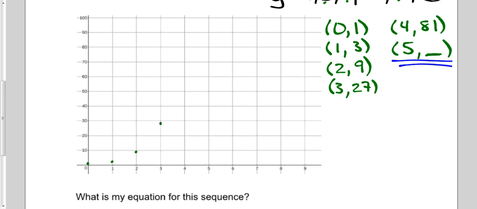And boom. And then when x is 4, I go over to x is 4, and then go up to 81. Now we're making some gas. Right there is where I put my point. So 4 and 81 right about there.